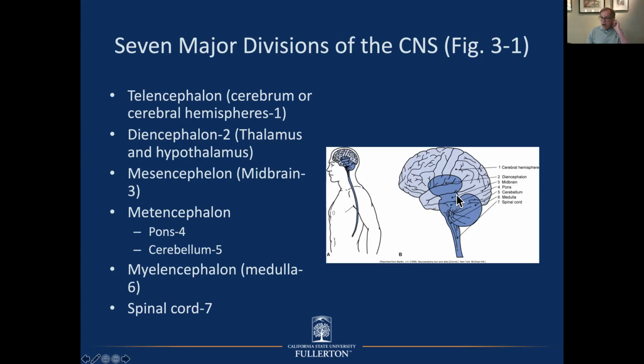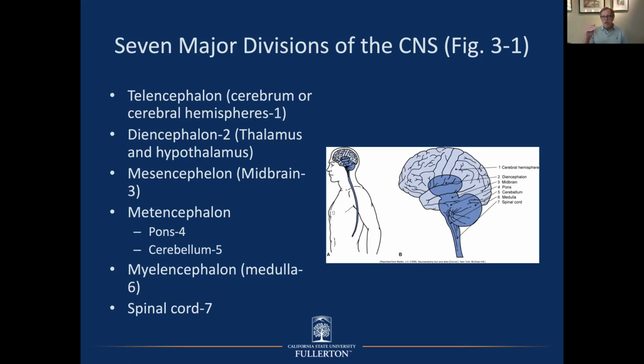Then the metencephalon, again, that's the embryological term, but in embryology, that part, the metencephalon, gives rise to 2 major structures. One is the pons, so here it's numbered 4, and one is the cerebellum, the part of the brain that does the coordinating of our movements. And here they number 5. Then the myelencephalon is the medulla. It is part of the brainstem, and it's the lowest part of the brainstem.